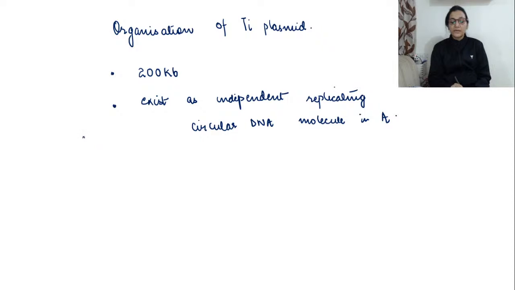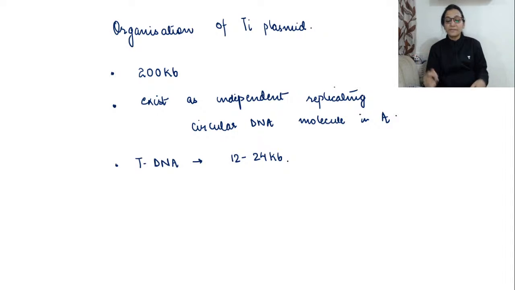The tDNA is the part of the Ti plasmid. The tDNA is variable in length. It can be from 12 kb to 24 kb. So the part which is actually transferred is variable. This depends on the bacterial strain from which it has been taken, or from where it has infected the plant.